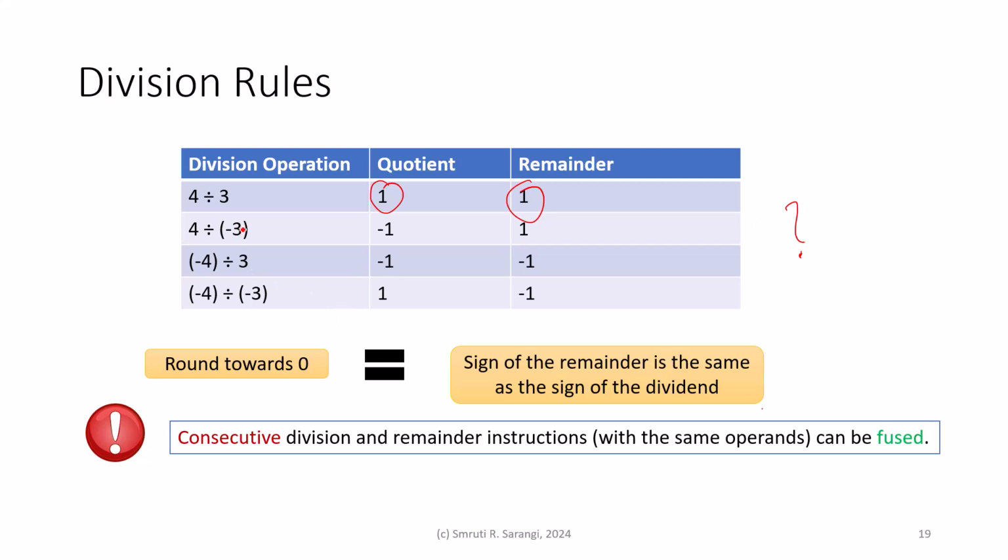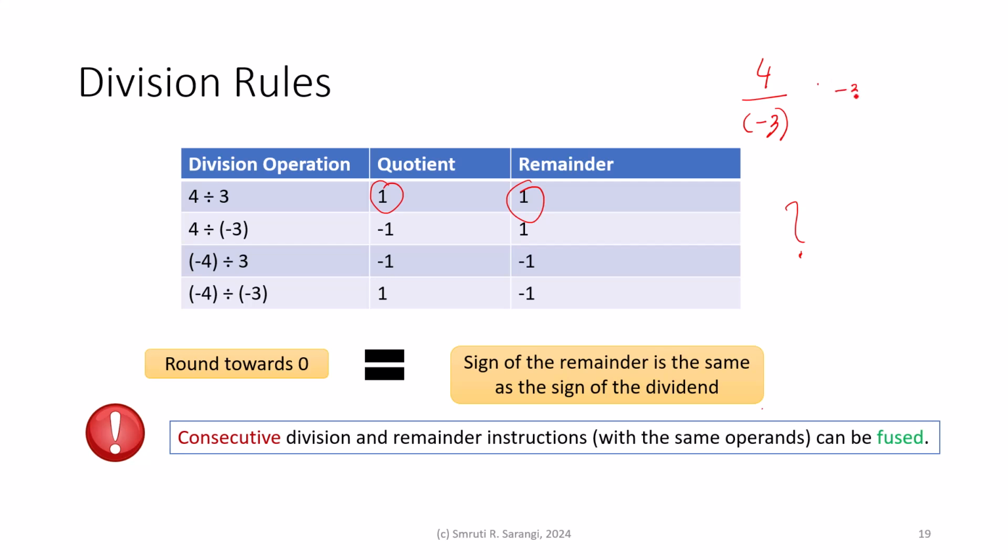So, let's look at this. You divide 4 by minus 3. Then you can have two solutions, right?